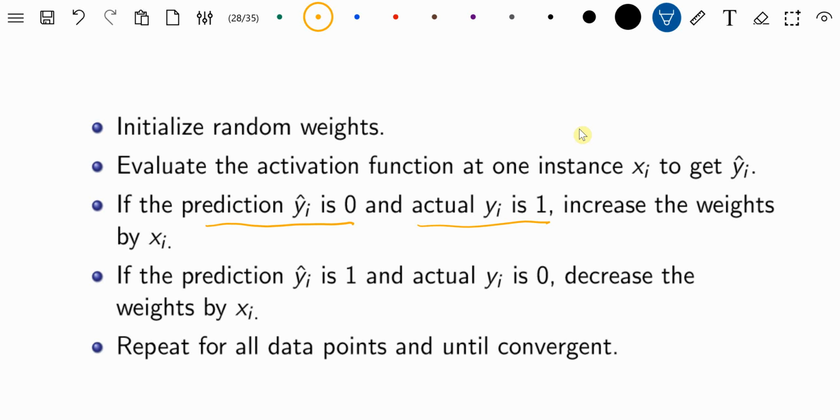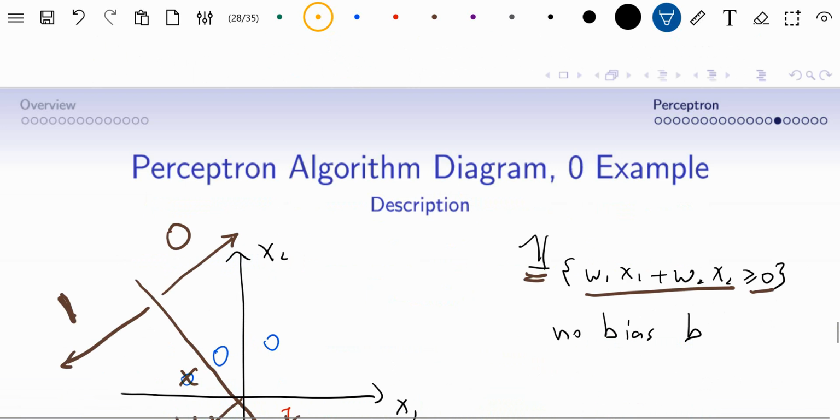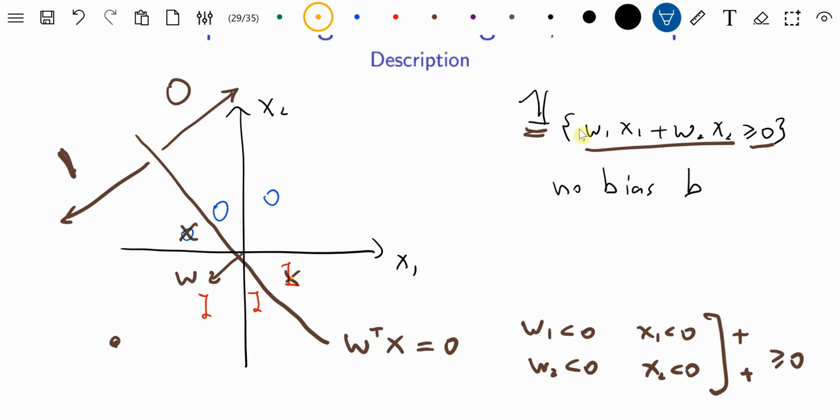So the algorithm says increase the weights by X. So let's go back. It says update this W to W prime by adding X. So this vector is X, this vector is W, W plus X is this point, so this is W prime.